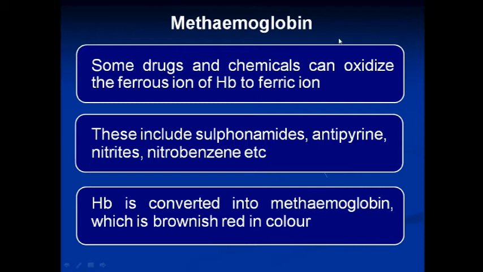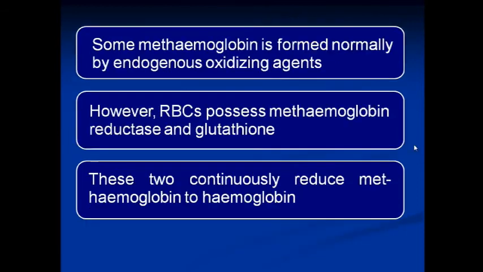Now the third derivative is methemoglobin. Some drugs and chemicals can oxidize the ferrous ion of hemoglobin to ferric ion. These include sulfonamide, antipyrine, nitrites, and nitrobenzene. These drugs can oxidize ferrous to ferric ion, so hemoglobin is converted into methemoglobin, which is brownish red in color.